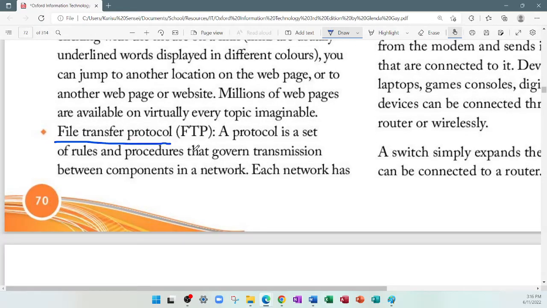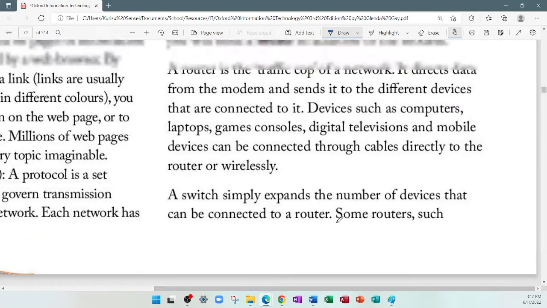Now the file transfer protocol, another feature that we get because of the internet, as the name implies, it is used to transfer files. Protocol meaning a set of rules or procedures that you're going to follow. So FTP is a rule that the internet or the software follows to transfer files over the network.